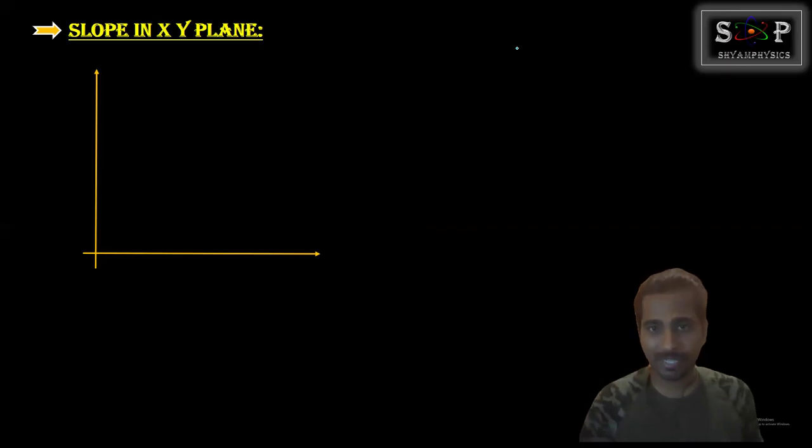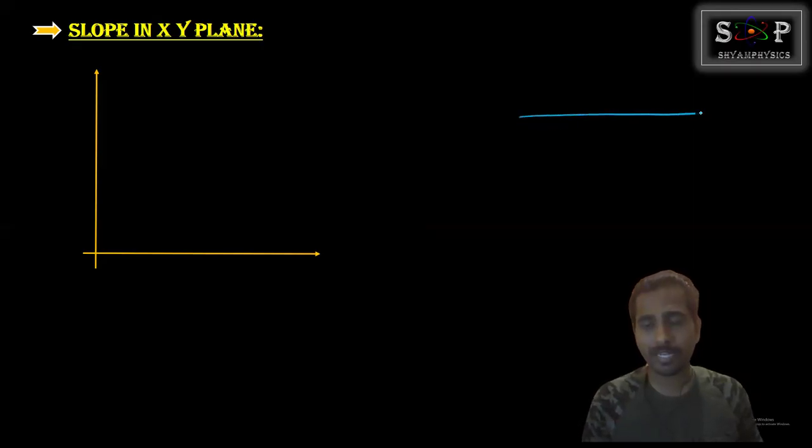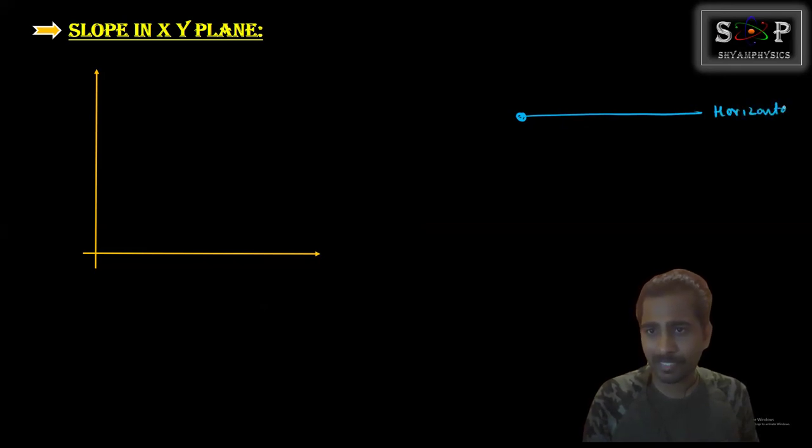Simply, for example, this is a line. What is the slope here? No slope. It is exactly a horizontal line. So for a horizontal line, the slope will be equal to 0.